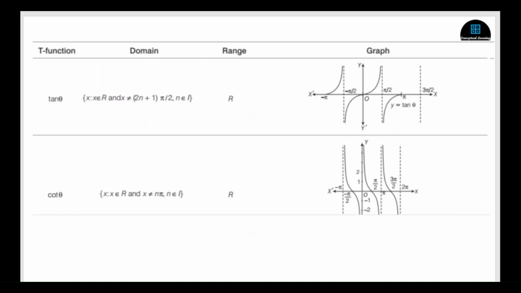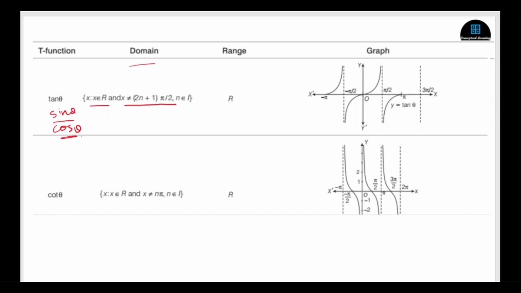Now tan theta. So domain is all real values, but it cannot take, see, tan theta is what? Sin theta upon cos theta, right? So when cos theta is 0, we have to exclude those values. So we have excluded the multiples of pi by 2 for theta.